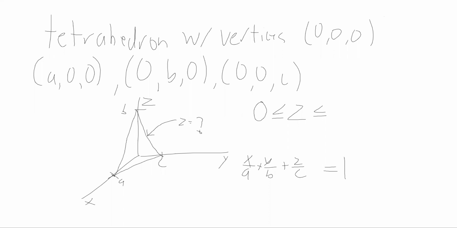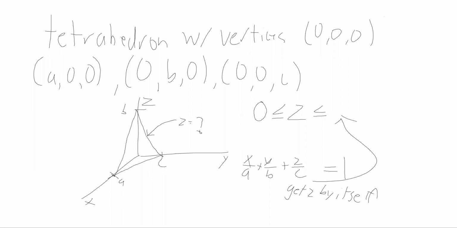You plug in X equals A, Y equals 0, Z equals 0, and you get A over A plus 0 equals 1. And then similarly for (0,B,0) and (0,0,C). So it's a nice shortcut to figuring that out. And then from there, just get Z by itself. And those are our bounds for Z.